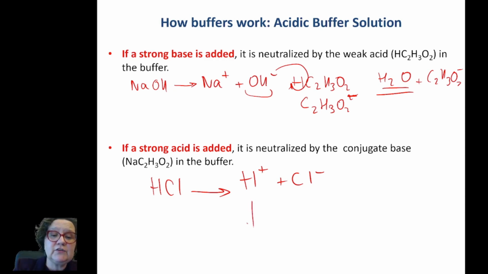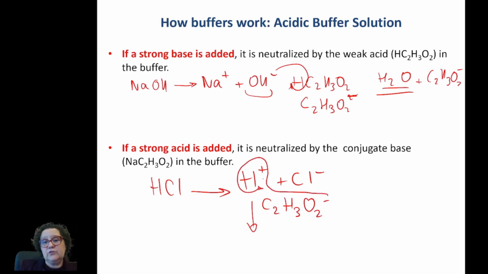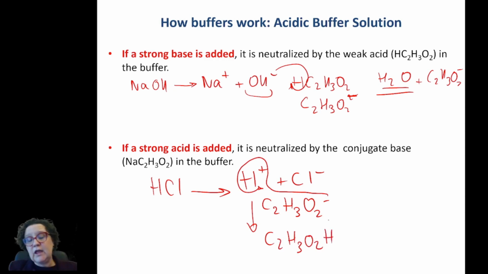But here you have a substance, the acetate, that can act as a base and react with your hydrogen ions to produce acetic acid. I put the H at the end, you could put it at the beginning.